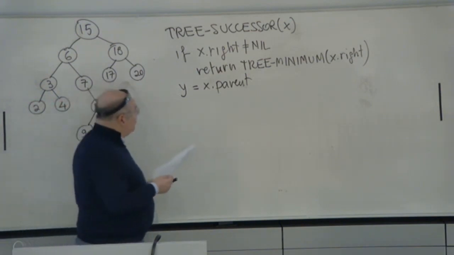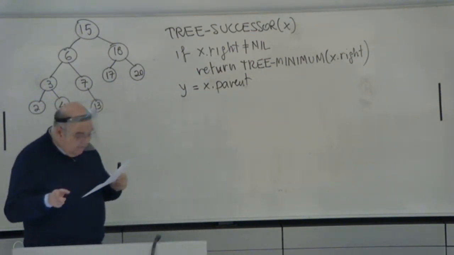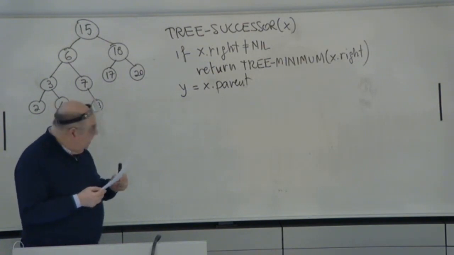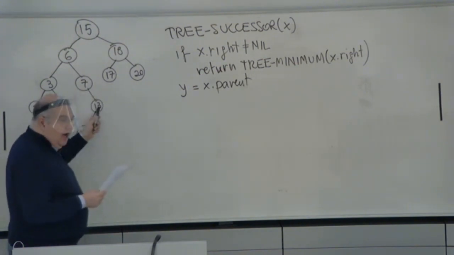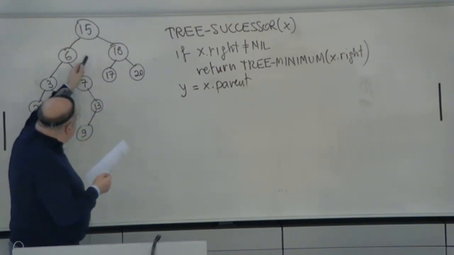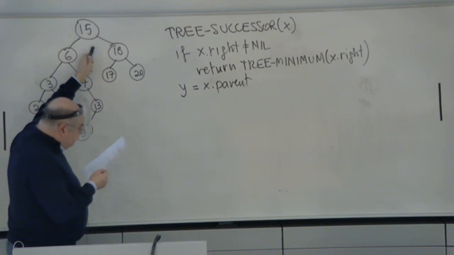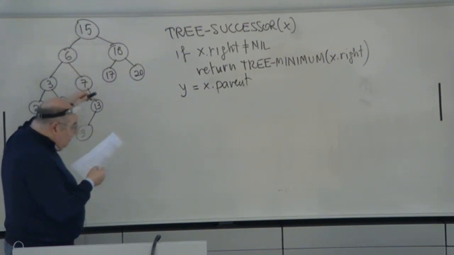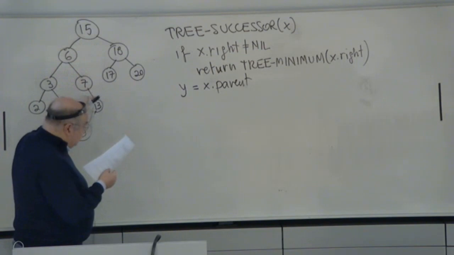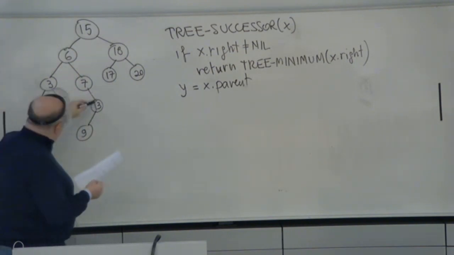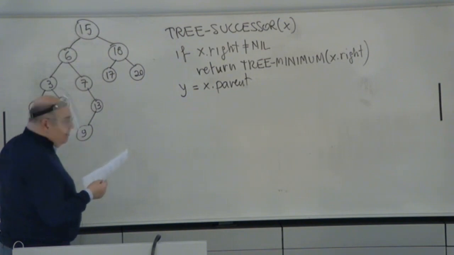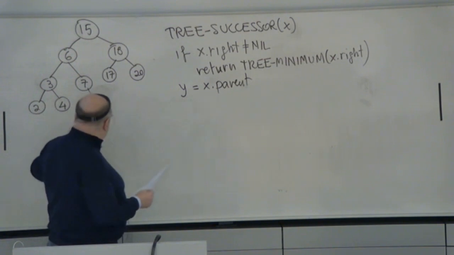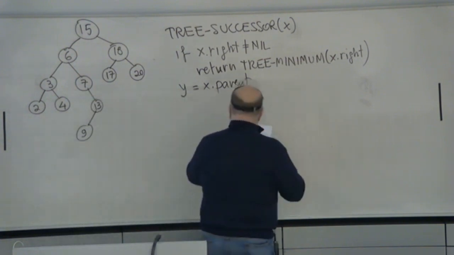If the right subtree is empty, then you have to go up until you find the lowest ancestor of x whose left child is also an ancestor of x, which is the successor of x. So you go up until you find 15. That is the idea. We start by considering the parent, which in this case is 7.